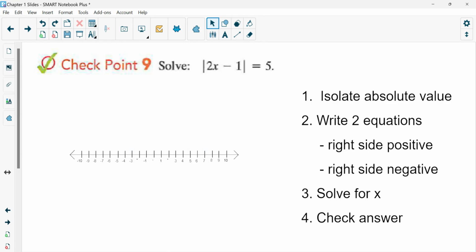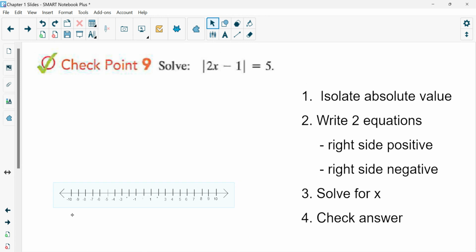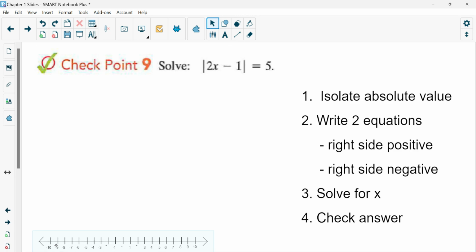When we're solving these absolute value equations, the first thing we're going to do is isolate the absolute value. The way we isolate the absolute value is with PEMDAS backwards.